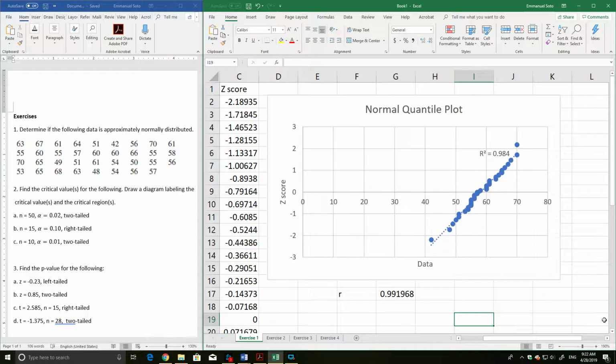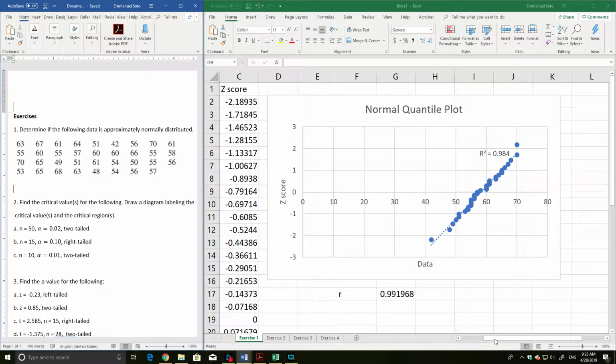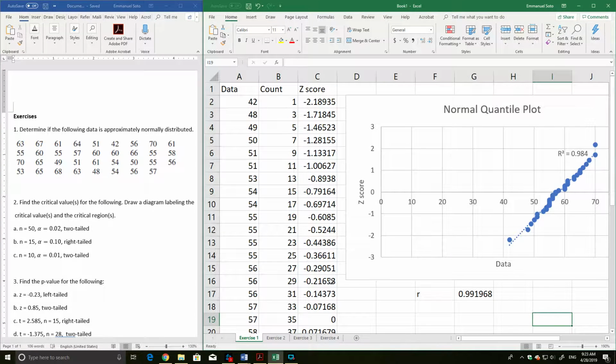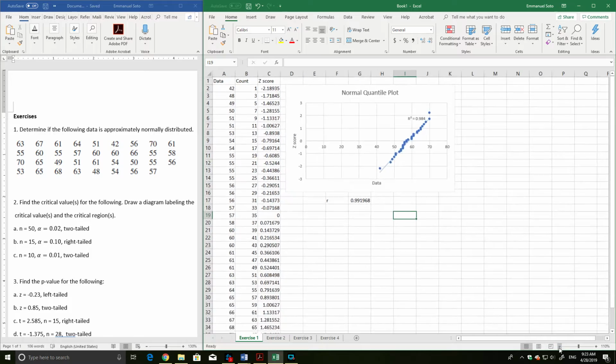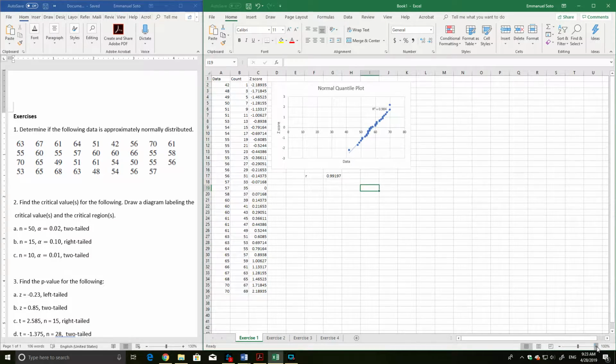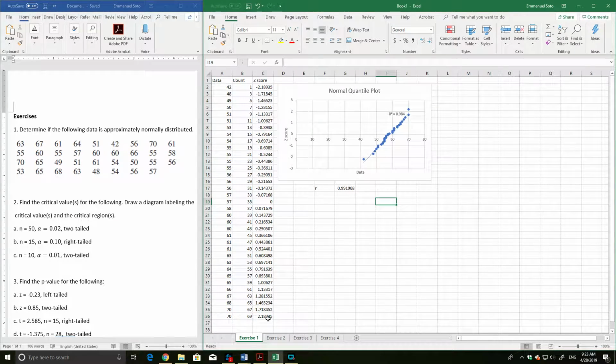All right, and then once we have this, what we can do is put these results in number one. So we want to show our data table here. Since we want to show our data table, I'm going to essentially just copy paste my table as well as my graph. So this is my table. I'm going to select it.